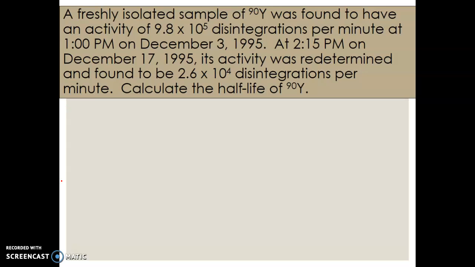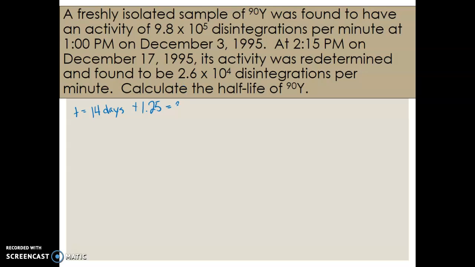So we aren't given a specific time, but we are given the time frame. From December 3rd to December 17th, that is going to give us 14 days. But we're not taking this at the same time. So 1 p.m. to 2:15, that's 1.25 hours.